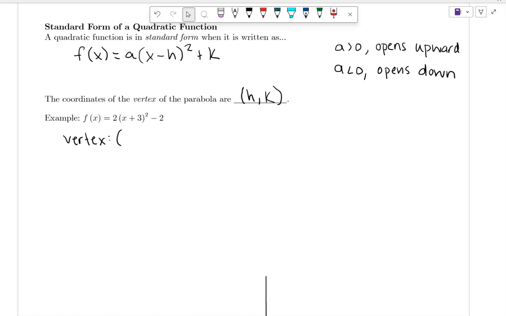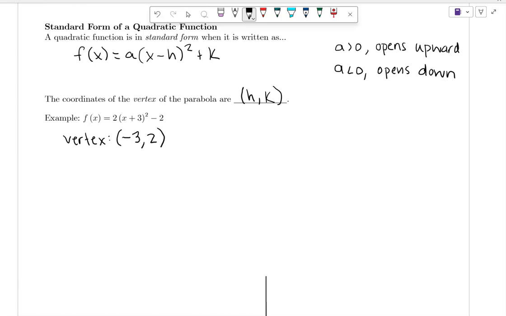So when you're looking at your vertex, do you have an answer? 3, -2. Okay, yes. I'm glad you said that. It's not 3, it's actually -3.